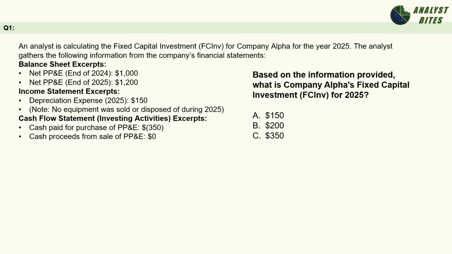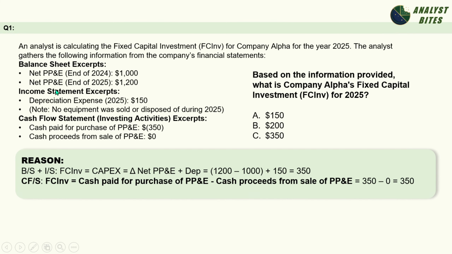Using the formula we just discussed, we can solve this using the information from the balance sheet and income statement. If you look at the income statement, it explicitly states that no equipment was sold or disposed on this year. This immediately cuts the difficulty of our formula in half.